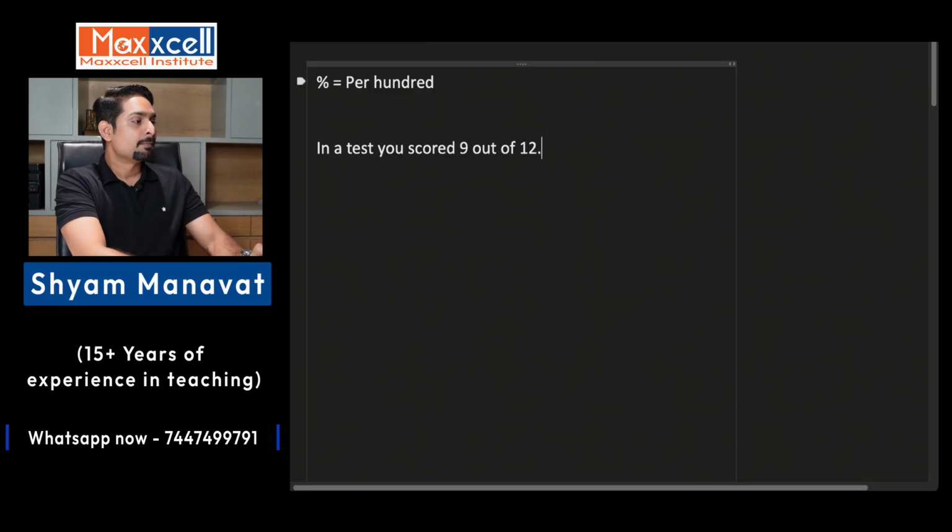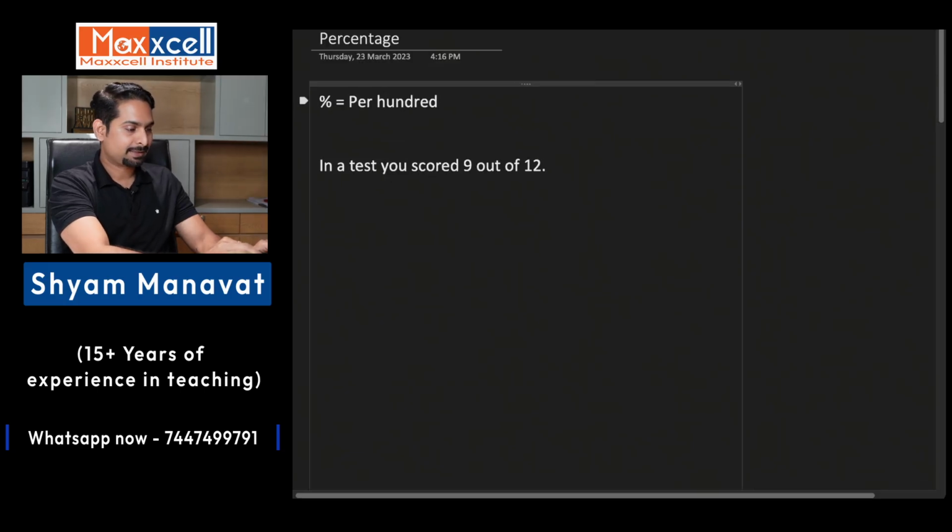So let's see how we convert this into percentage. Here you are saying that the exam is of 12 marks and out of 12 you secured 9. Had this exam been on a scale of 100, what would have been your score, if you perform the same?